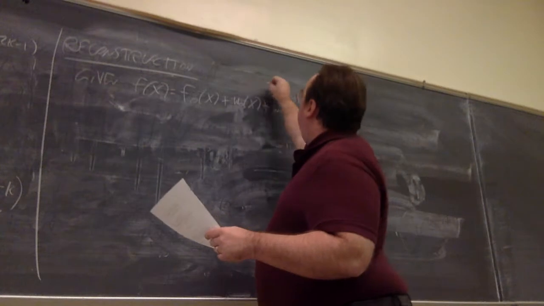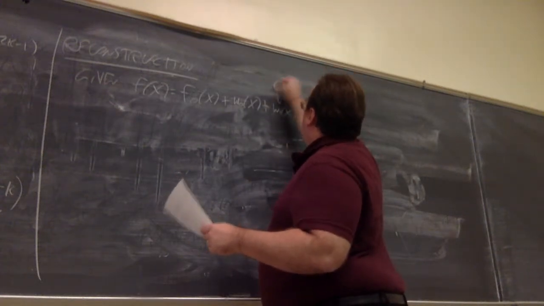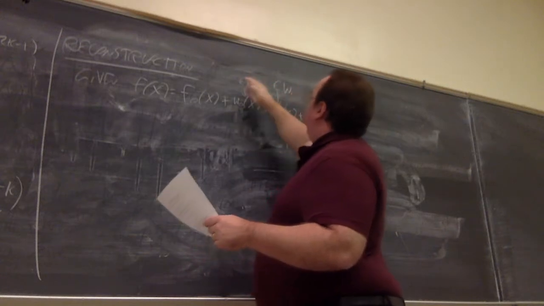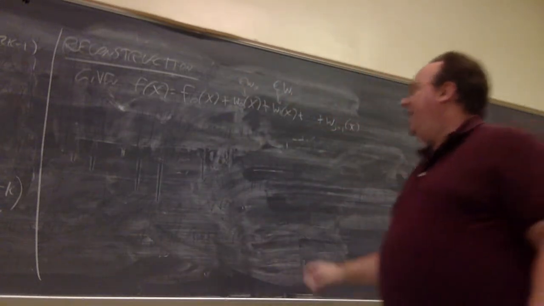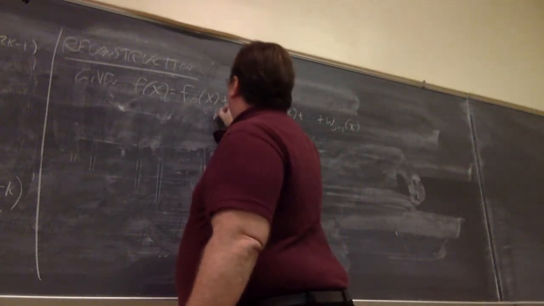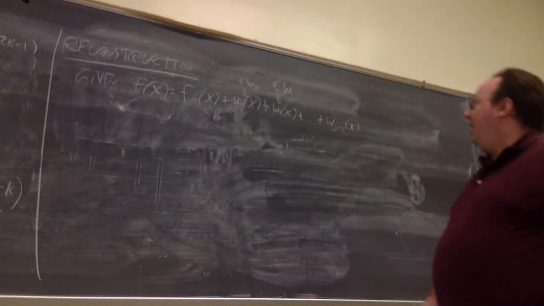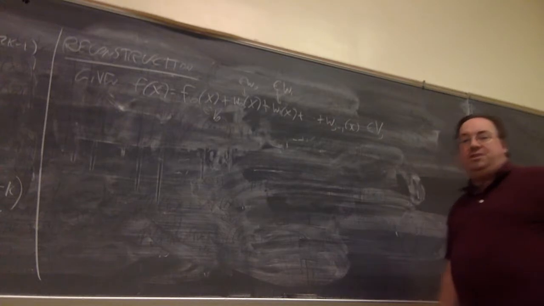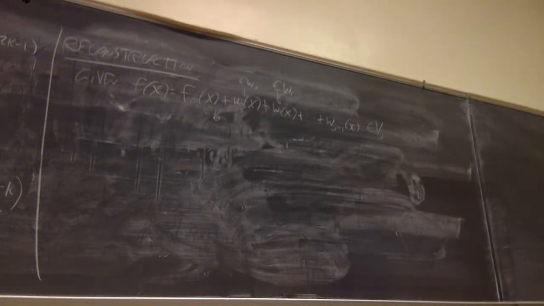So each of these are in their respective w spaces, and little f naught is in v naught. But the entire signal is in Vj, and it always is, no matter how it's written.